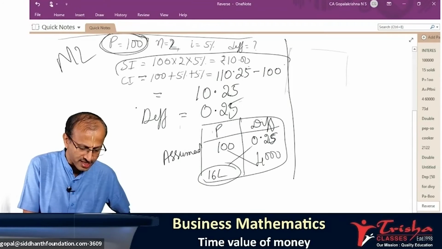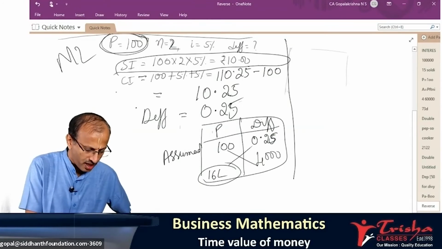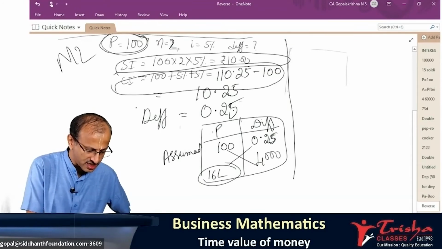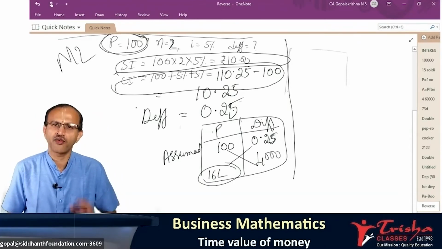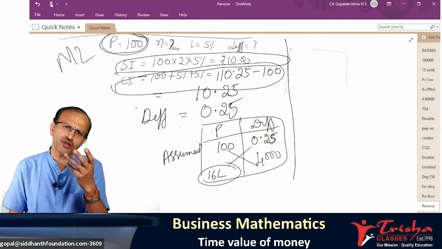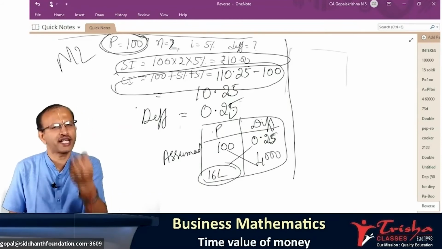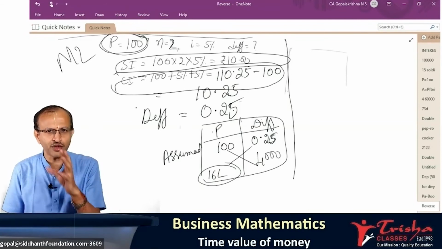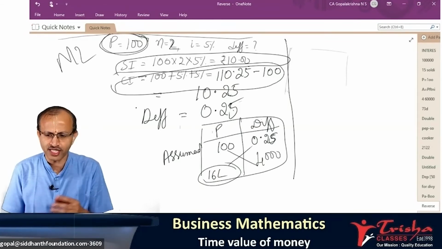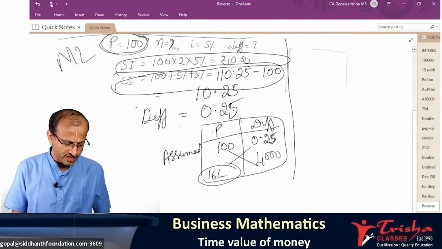I worked out SI first. Simple. I worked out CI next. I got 10.25. You can take 2 rupees, 5 rupees, 500, any simple number you take as your own principal, n is 2, 5%. So you get SI, you get CI, and you do the difference.